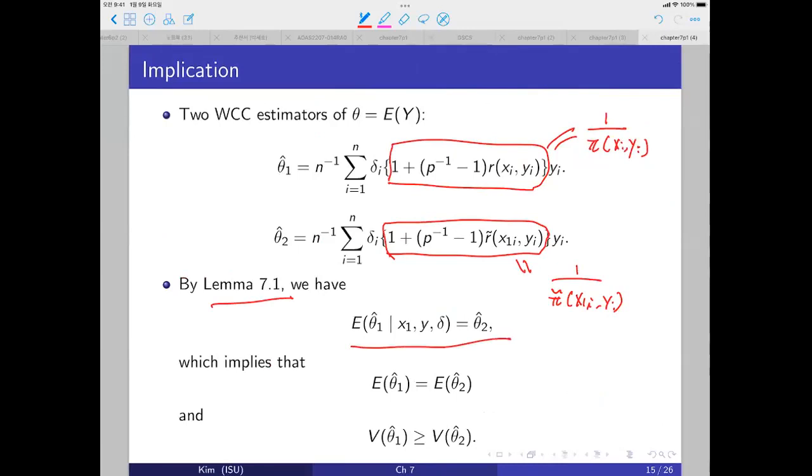So this is a very interesting phenomenon because we have two estimators, but one estimator is a conditional expectation of the other estimator, right? So then which one is better? Rao-Blackwell, right? This is essentially the Rao-Blackwell theorem. Whatever is a conditional expectation should have less variability, right? So that basically implies this.